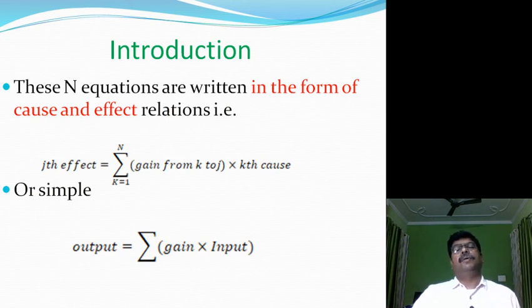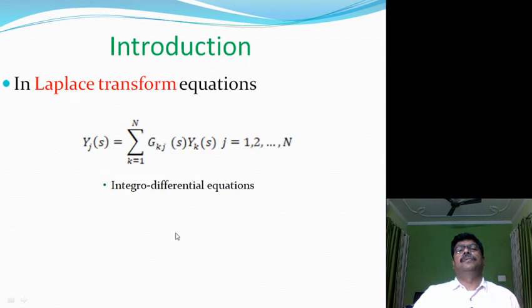Or in the form of cause and effect relationships. So here you can see that jth effect equals summation of k equal to 1 to n gain from k to j into kth cause, or simply the output will be summation of gain into input. And this equation can be represented in the Laplace transform equation.